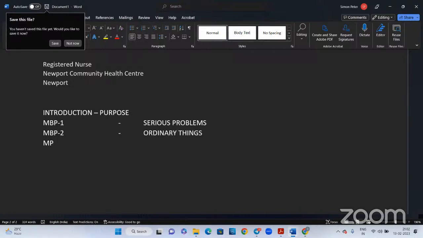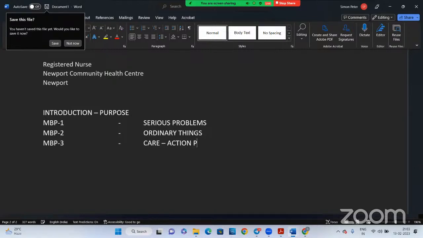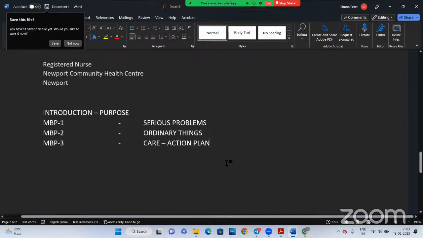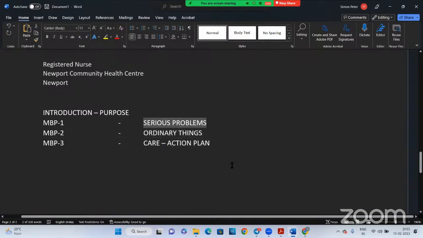Main body paragraph 3 is related to care, course of action or action plan. Action plan for what? Not for ordinary things. Action plan for serious problems.